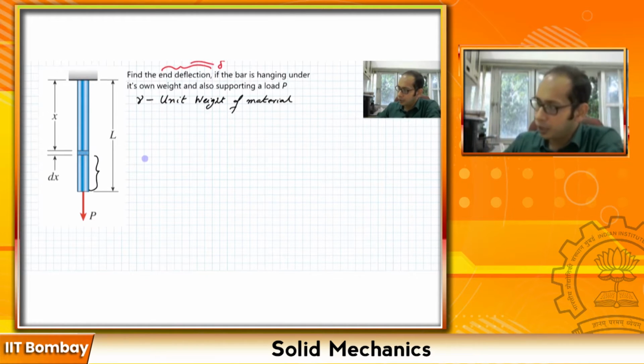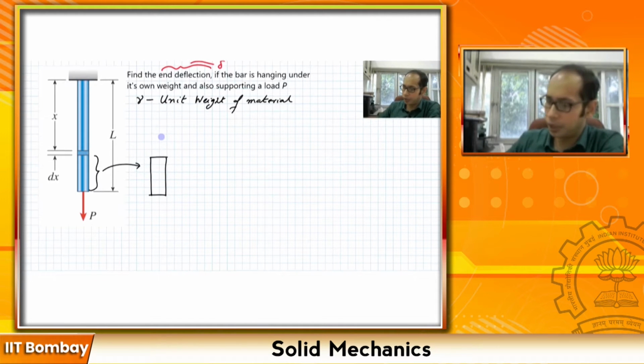If I take this particular section and draw just the free body diagram of that part, this is the bottom part where I have this load P acting over here, and I have this internal weight, the small self weight, which is acting.